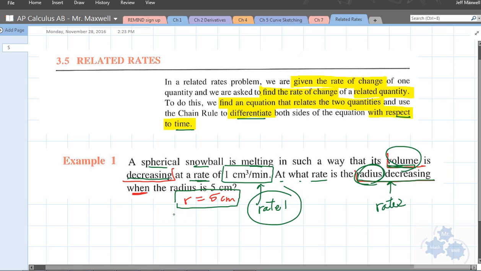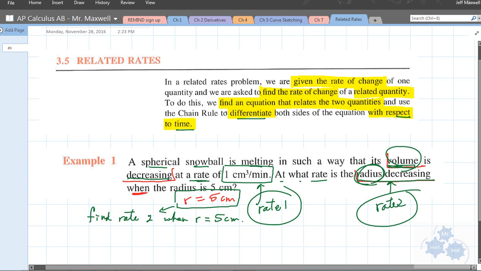We want to find rate 2 when r equals 5 centimeters. So we've got rate 1, rate 2. When there's two different rates involved, it's a related rates equation.